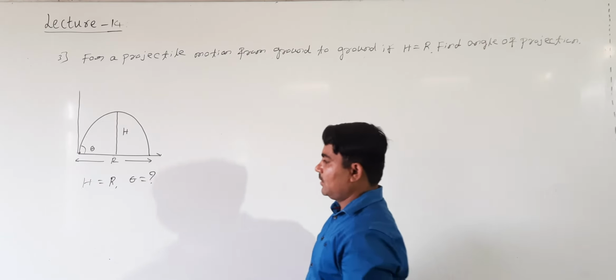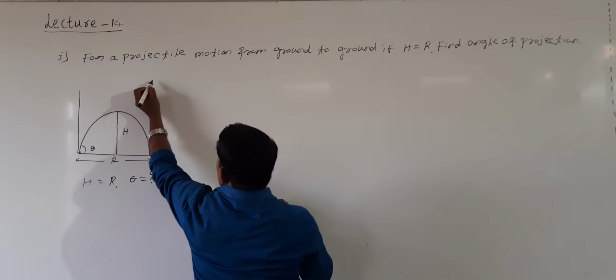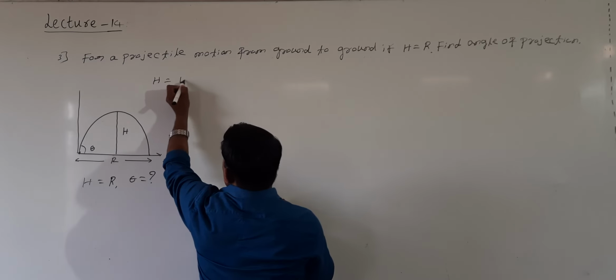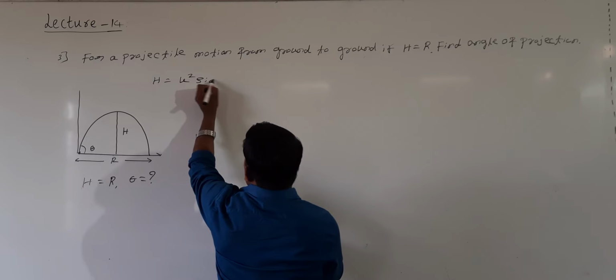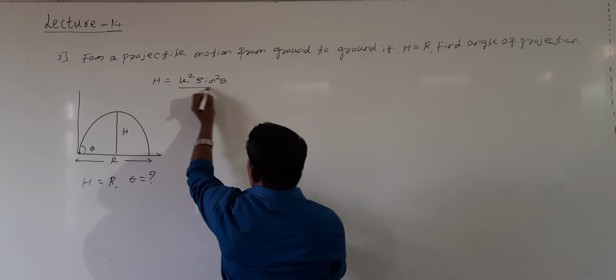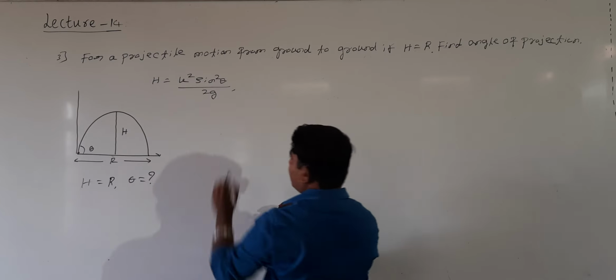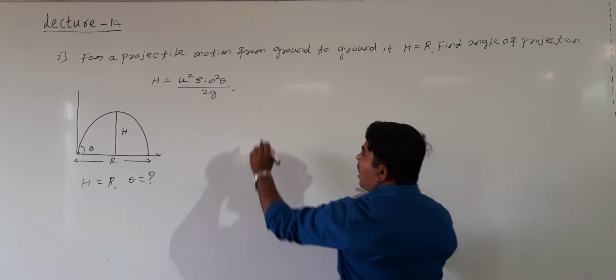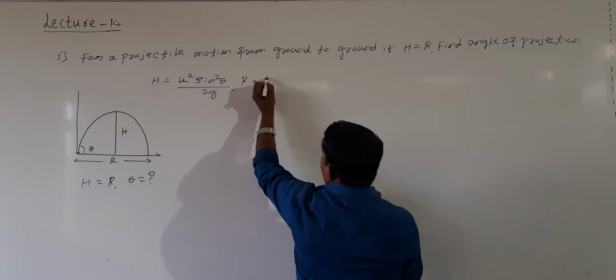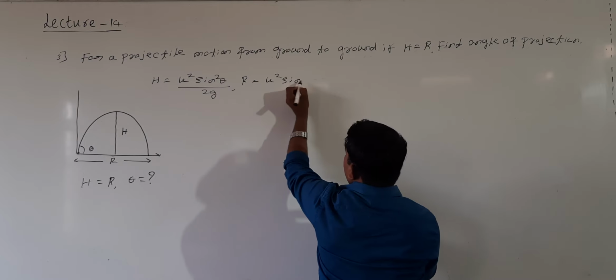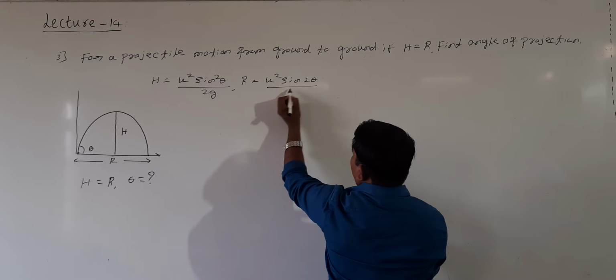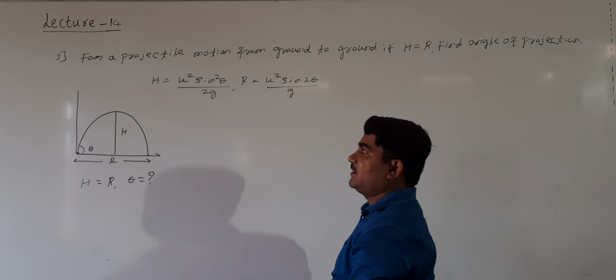Let us go here. We need the h formula directly. Maximum height h is equal to how much? U square sin square theta whole divided by 2g, right? What is the r formula? Range means u square sin 2 theta divided by g, right?